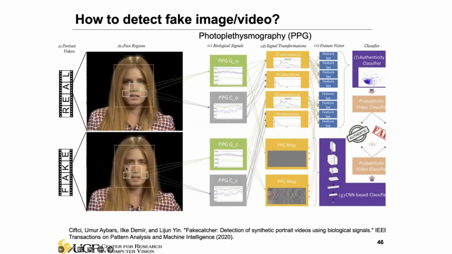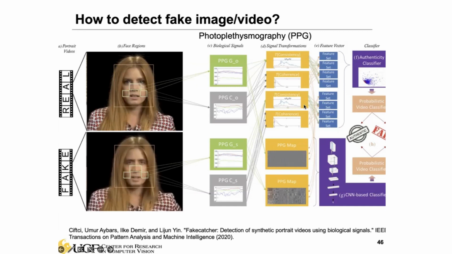Maybe across frames there's a lot of color fluctuation, or maybe the shape will change a little bit, the hairstyle changes a bit, or the shape of the eye or nose, their position, will change a bit. So this will also affect the PPG signal estimation, okay?